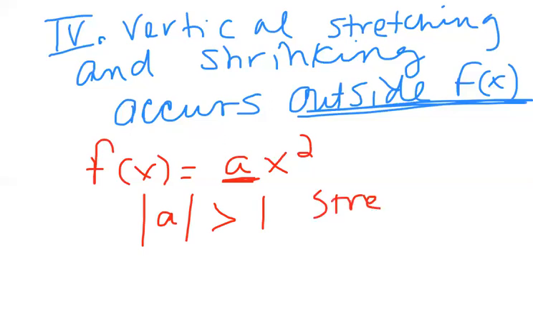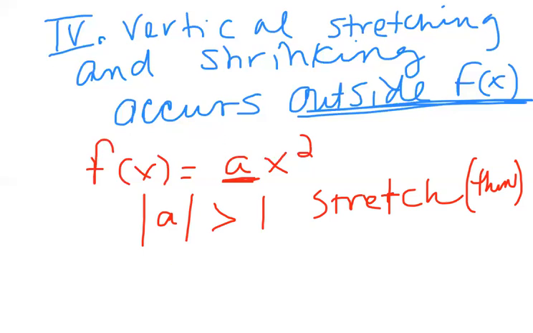What in the world does it mean to stretch? Think of a rubber band, guys. When it stretches, it becomes a very thin graph. Think of a rubber band stretching. As in the graph will get closer and closer to the y-axis.